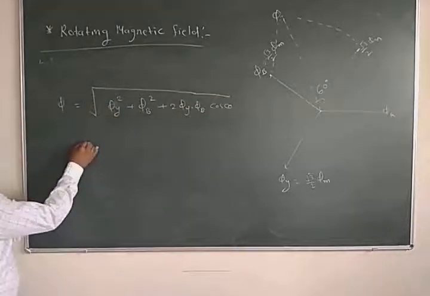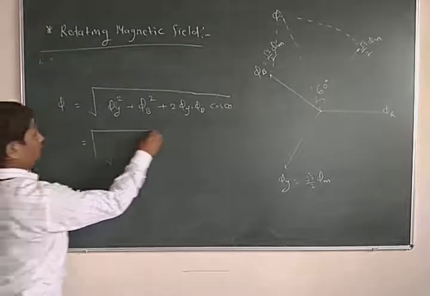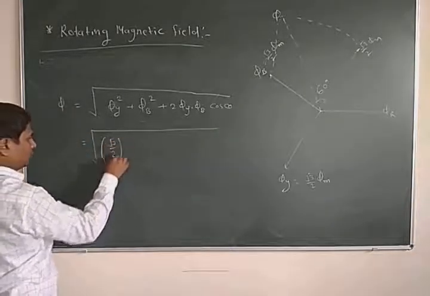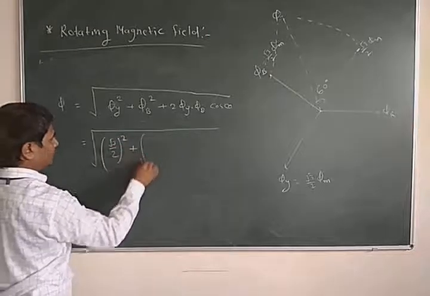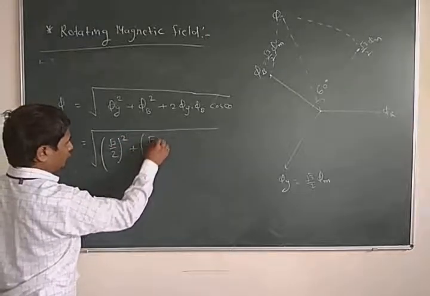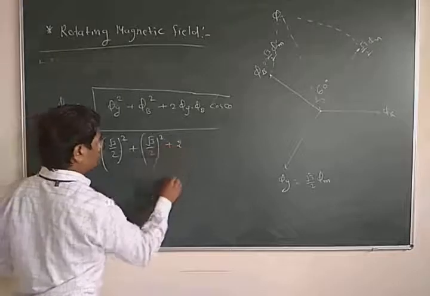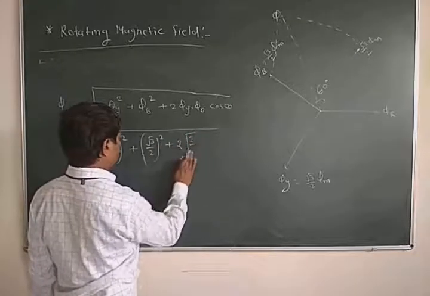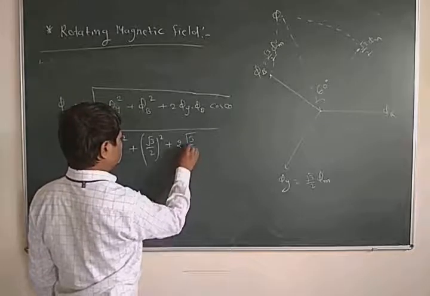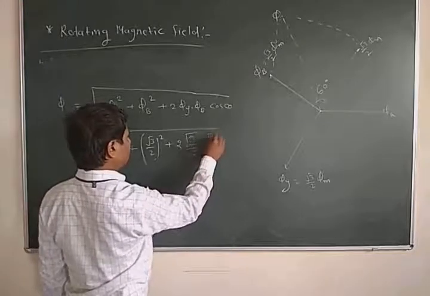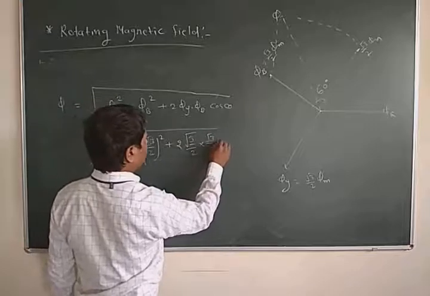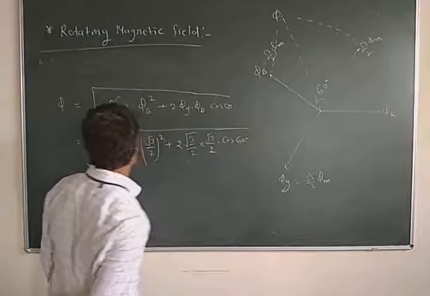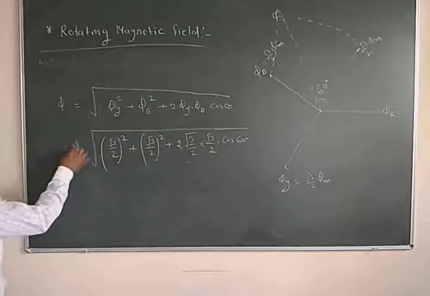So here we write phi Y as root 3 by 2 square, phi B as root 3 by 2 square, plus 2 into root 3 by 2 into root 3 by 2 into cos of 60 degrees.